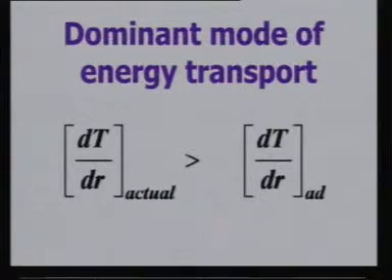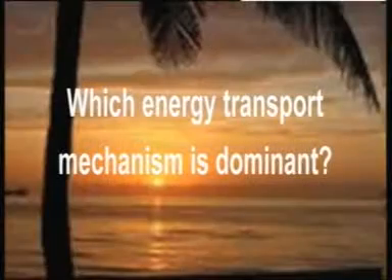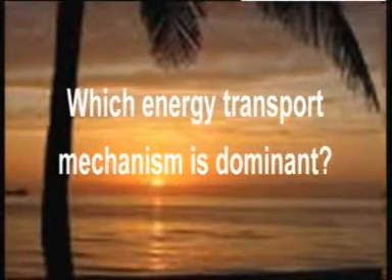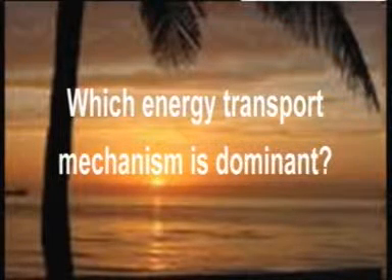And as the energy is filtered from the core to the surface, we have established a temperature gradient. This temperature gradient is the radiative temperature gradient if the process of transfer of energy is radiative. Now, which one dominates over the other in which region of the star? That is the question.